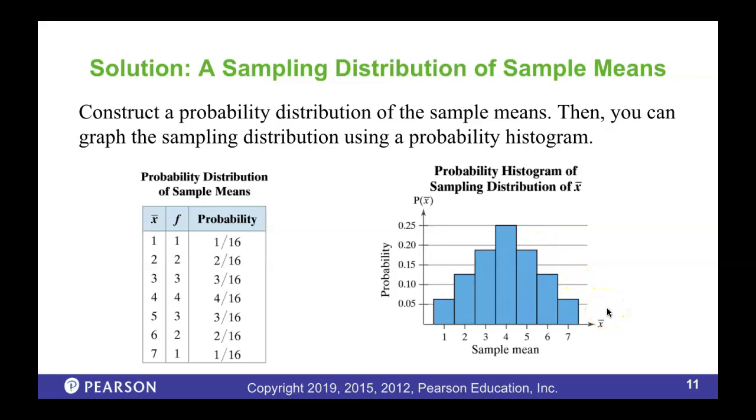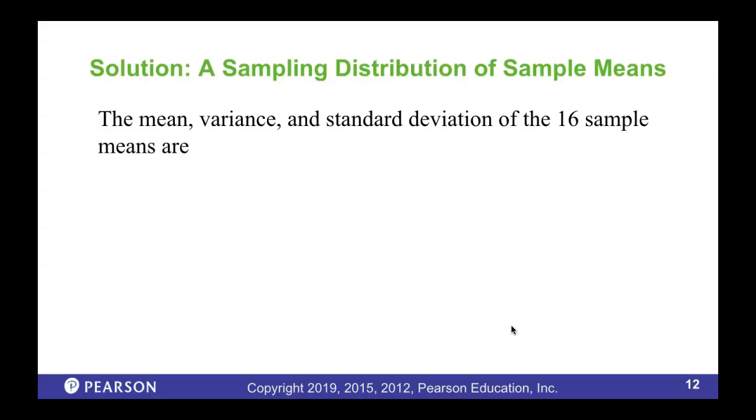Okay? So how about we find their mean? What do you think the mean of this probability distribution is? The average of this perfectly symmetric distribution is probably this bar in the middle, the 4. So what we can see is that the sampling distribution of these X bars has a mean of 4. And how would we find the standard deviation? Let's take a look. Next slide probably has it all.